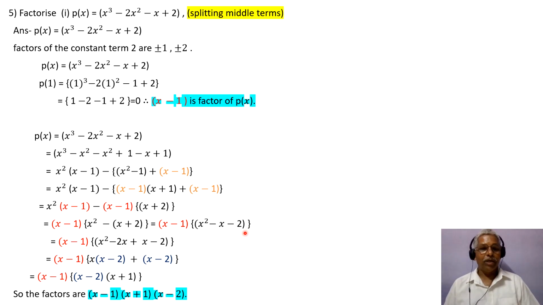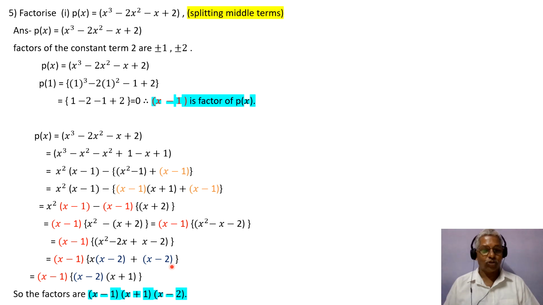Very simple. Now you have to find it like this. Split it. X minus 1 is common, so into the big bracket x square minus 2x plus x minus 2. You know this. So take x common, so x minus 2 plus x minus 2.